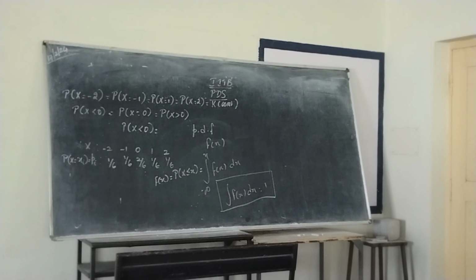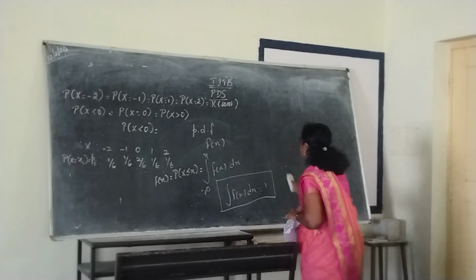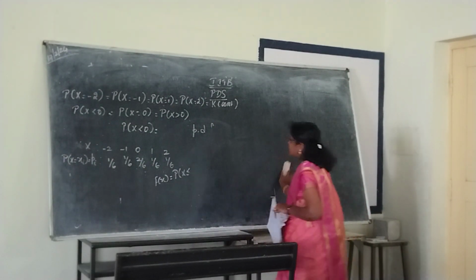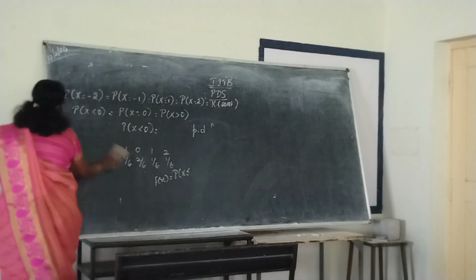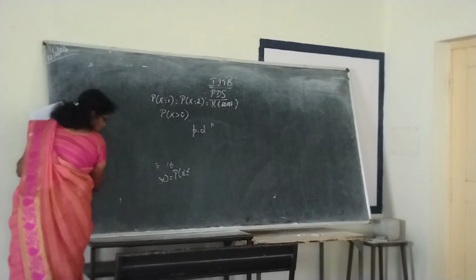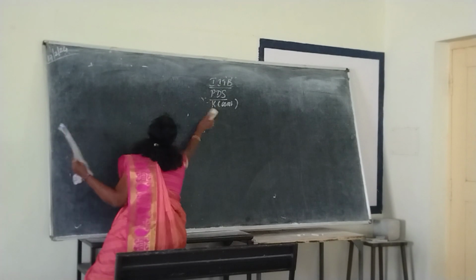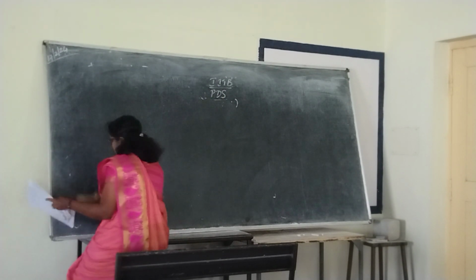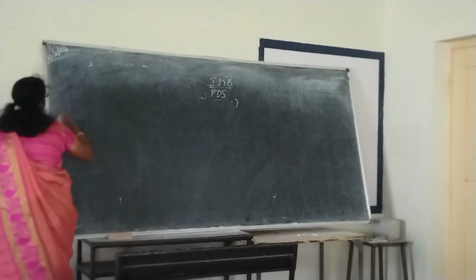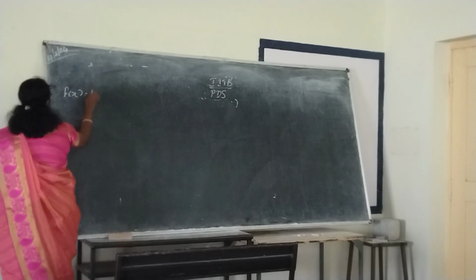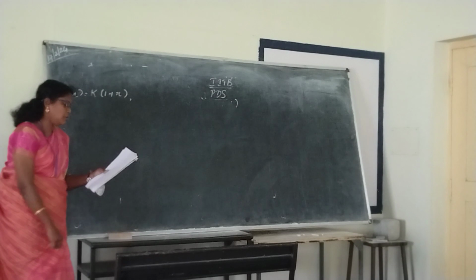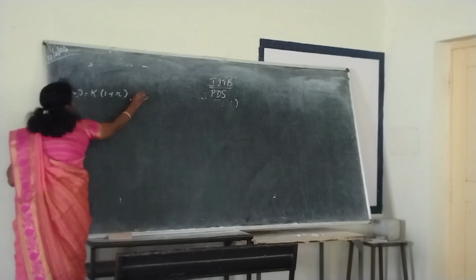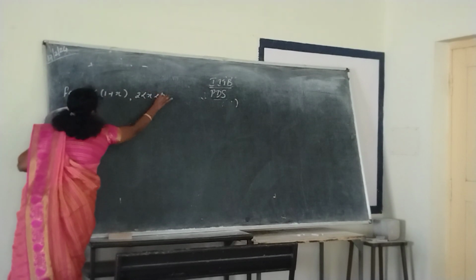A continuous random variable X has a density function given by f of x is equal to k into 1 plus x, for 2 less than x less than 5.